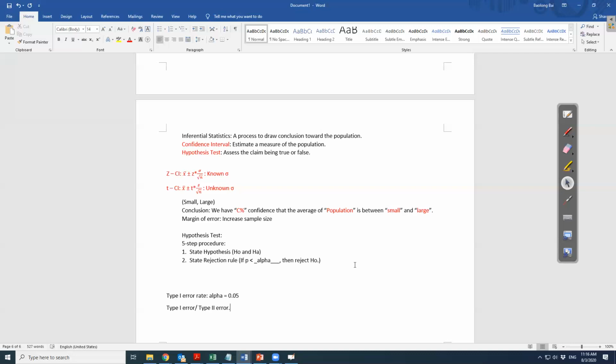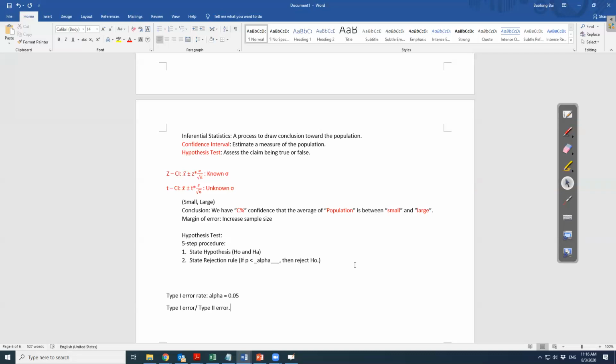For all the hypothesis tests, we have a chance for error. Why do I still bother to do it if we can't make it 100% correct? Well, you can never be 100% certain in statistical analysis. There's always a chance for error. But the advantage is we can control the error rate.